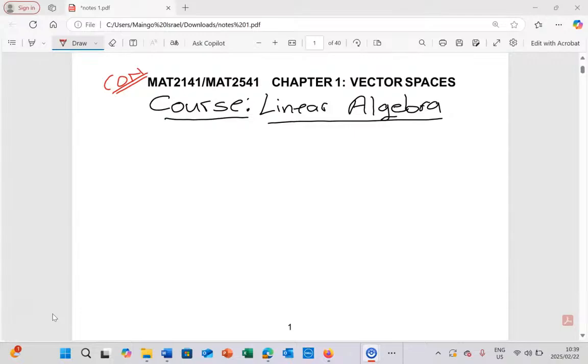Today, I want to take you through the course called Linear Algebra, specifically through the topic called vector spaces, as projected on the screen.